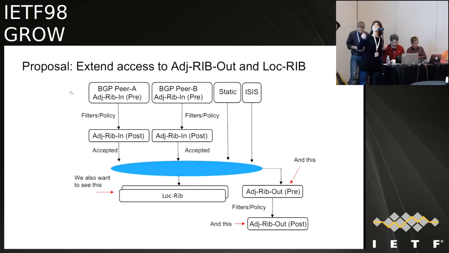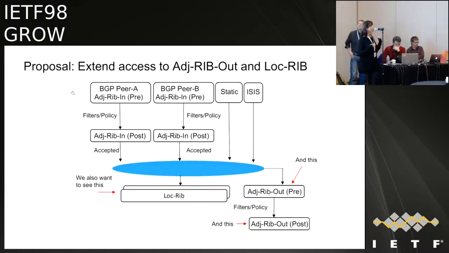How that's different from adjacency rib in post is that you may have the same prefix past the import policy coming from multiple peers, but you don't really know which one is selected by the router to be installed in the local rib. Similarly, you might have some other routes that make it into the local rib, perhaps even without a BGP peering session, which we will talk about in the use cases where this need came from.